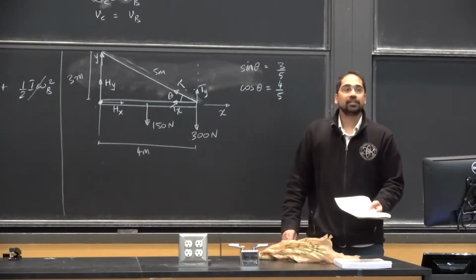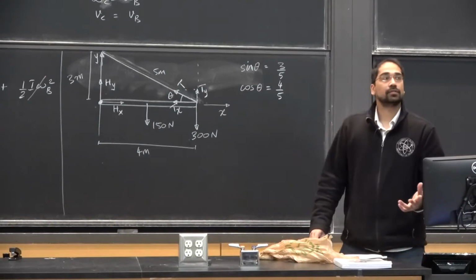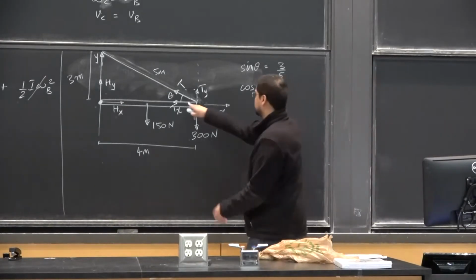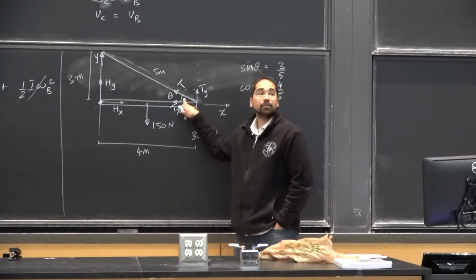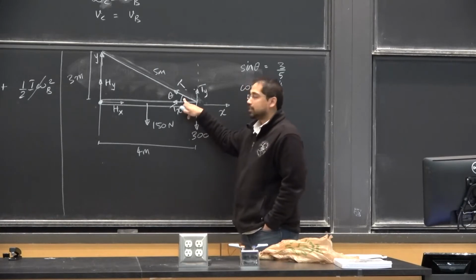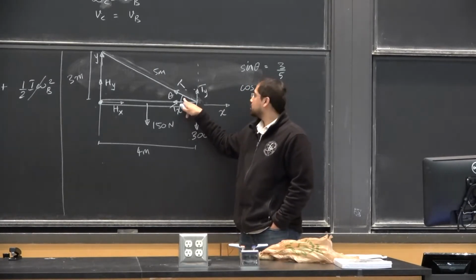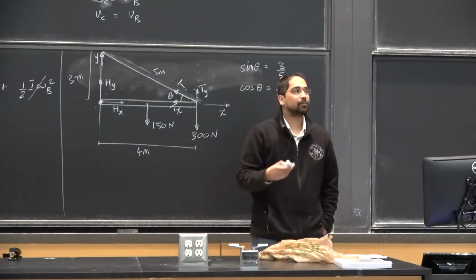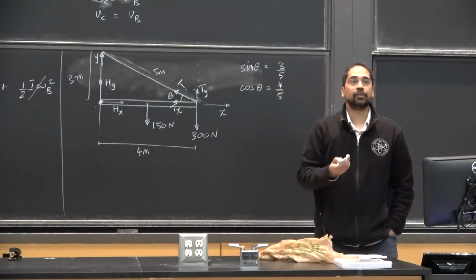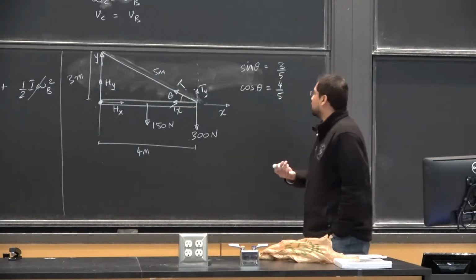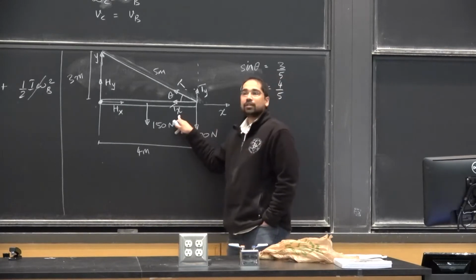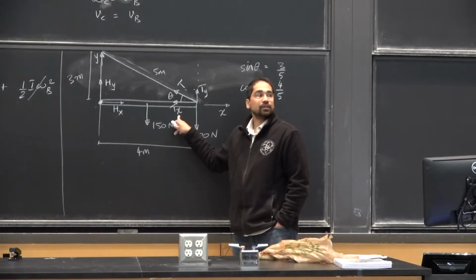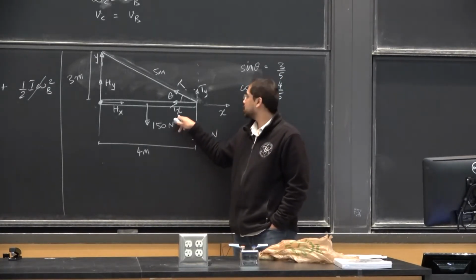What I like to do typically is figure out first where the angle is. My angle is here between the string and the beam. Now which is the adjacent side to the angle? The force you're trying to split up is always going to be the hypotenuse, because you're using Pythagoras' theorem. So you have to figure out whether Tx is the adjacent side or the opposite side. In this case, which one is it?